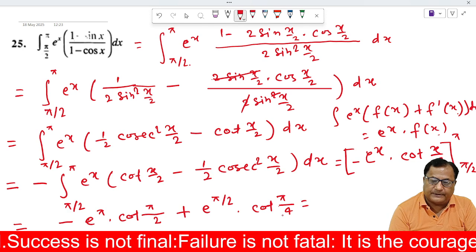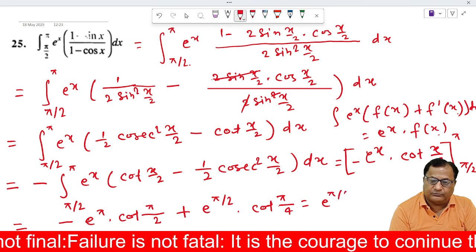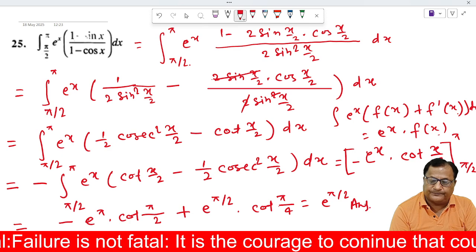So cot (pi by 4) is equal to 1. So this e^(pi by 2) will be the answer.